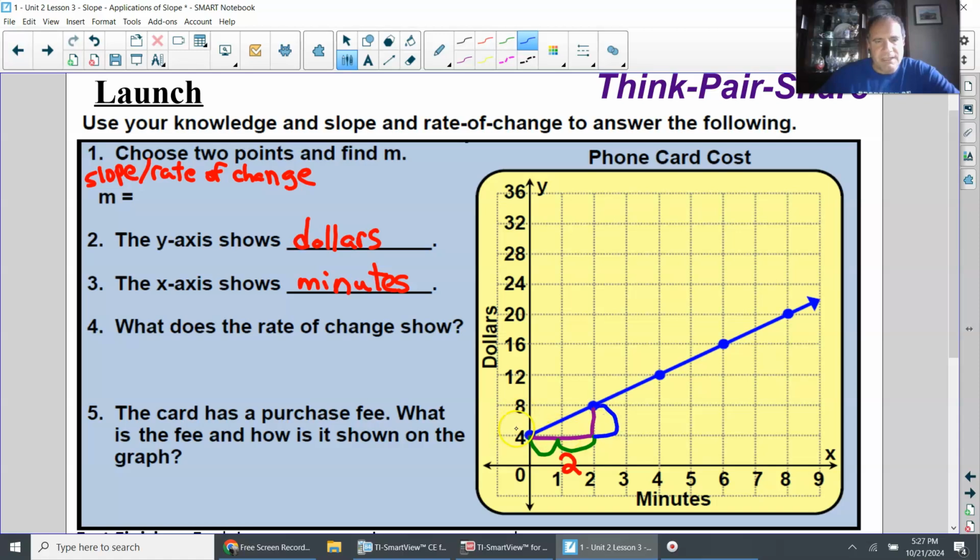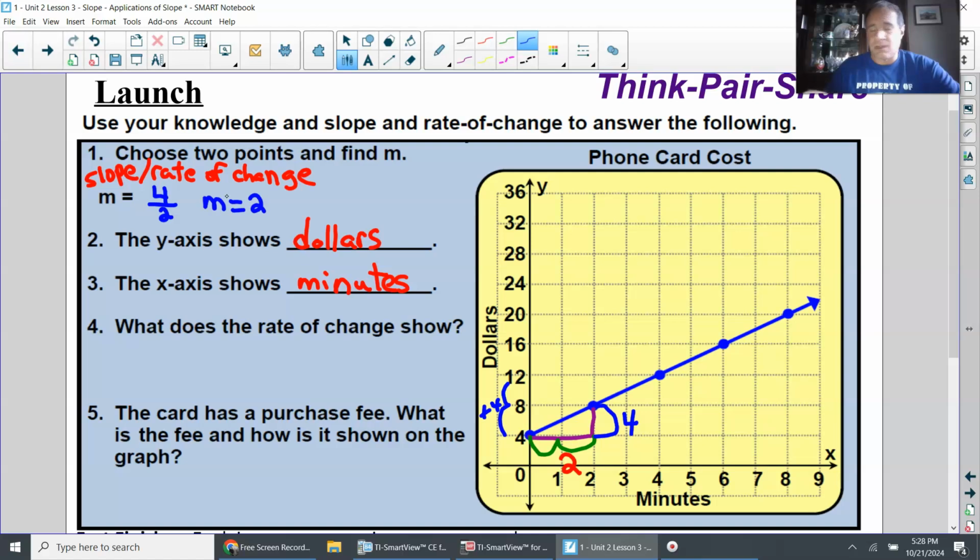And you notice that the y goes up by 4s? These are 4s plus 4. So that means it's a 4. It's not a 1. It looks like a 1, but it's not. So rise over run is 4 over 2, and m equals 2. This is a positive slope. It goes up from left to right.